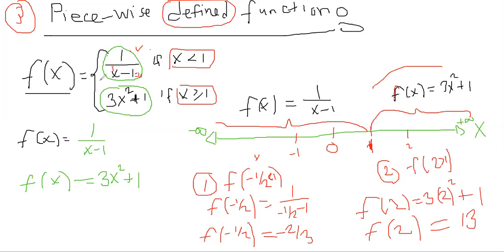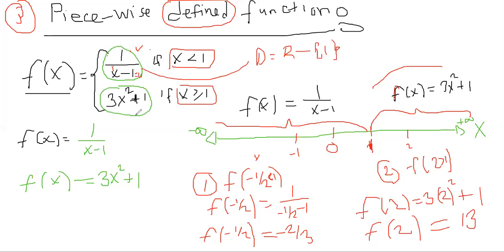So if we have just stopped at here, then x equals 1 would be excluded from the domain of the function. So if we look at this one, the domain of the function, this first one, will be the set of all real numbers except 1.